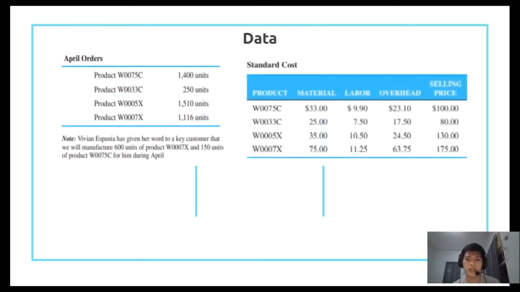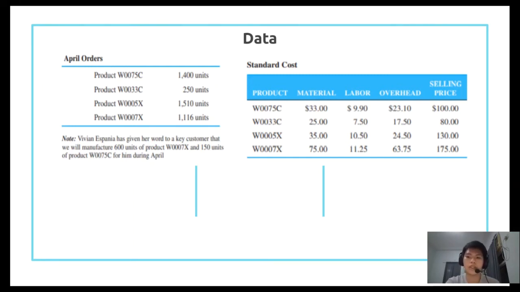Next data, we have the standard cost for each product. We can see the 4 products here. To calculate the standard cost, we add the material, labor, and overhead.